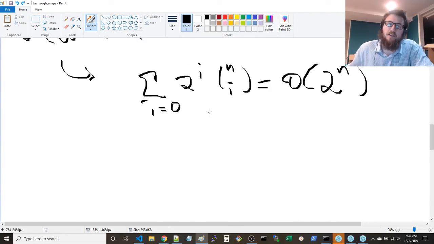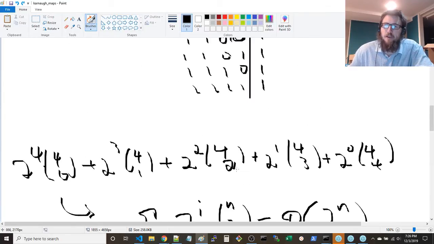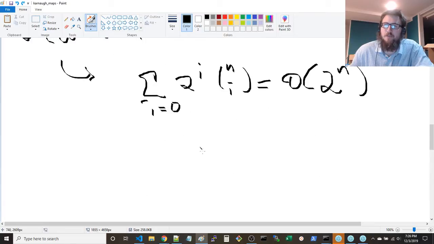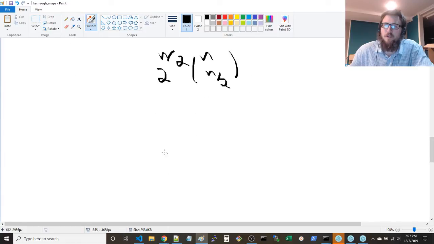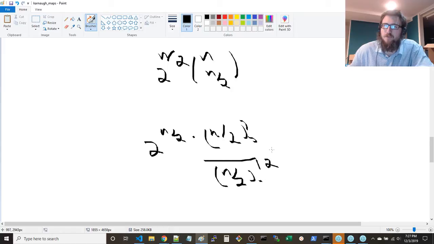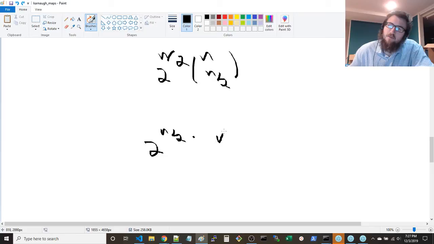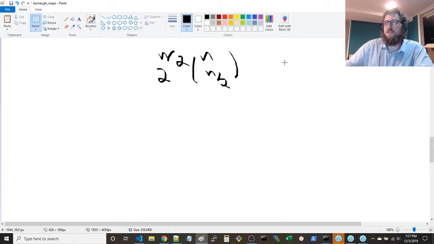The only reason I don't think so is because you could do n choose n over 2 and 2 raised to n over 2, and you end up with 2 raised to n over 2 times n over 2 factorial over n over 2 factorial squared. I don't actually know what the dominant term is in this case.